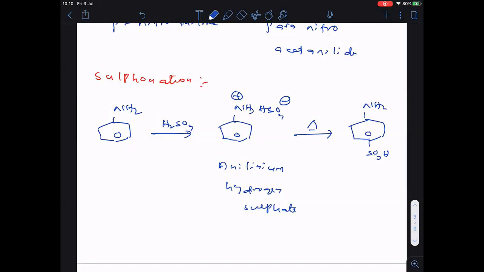Rearrangement, clear. So what is the name of this one? This is called as the sulfanilic acid.